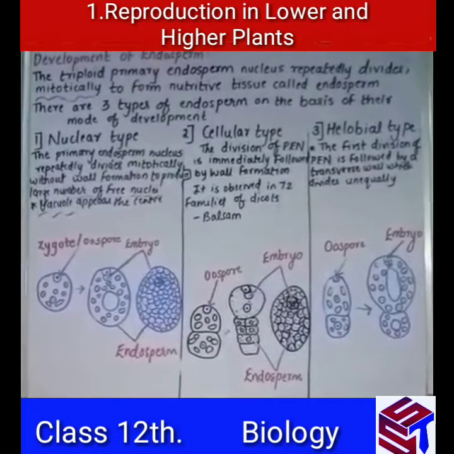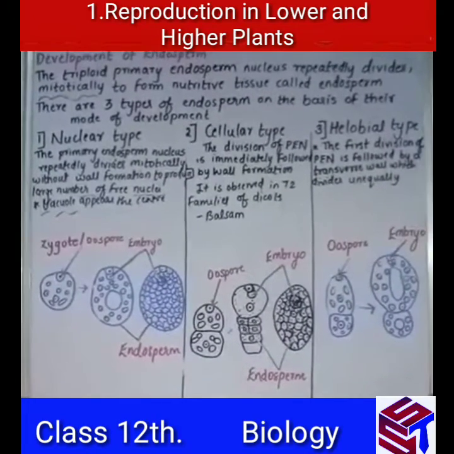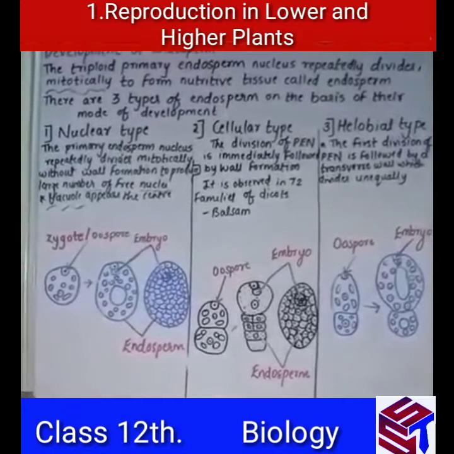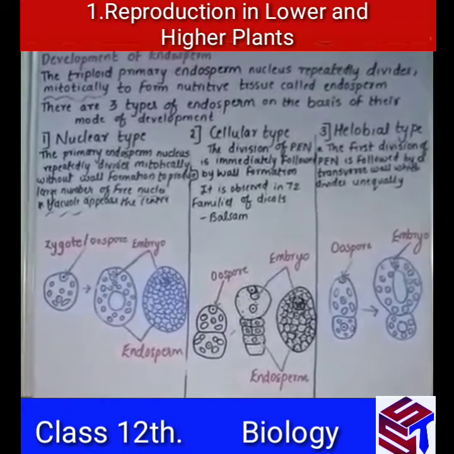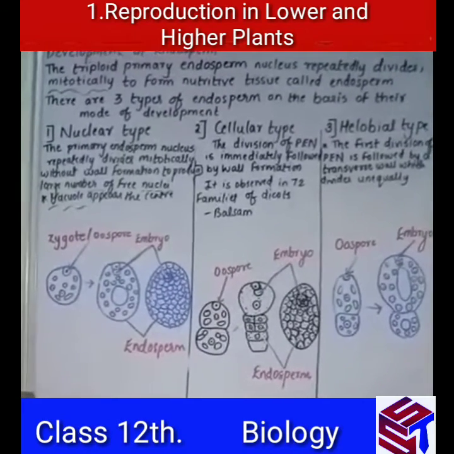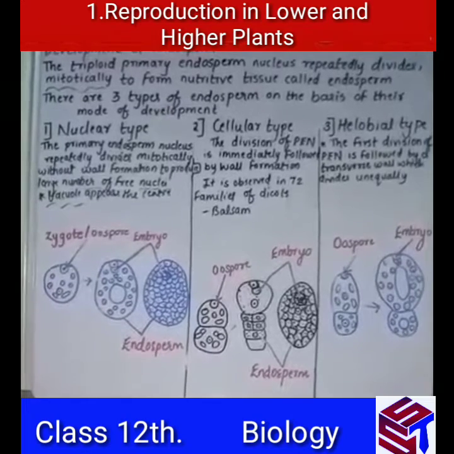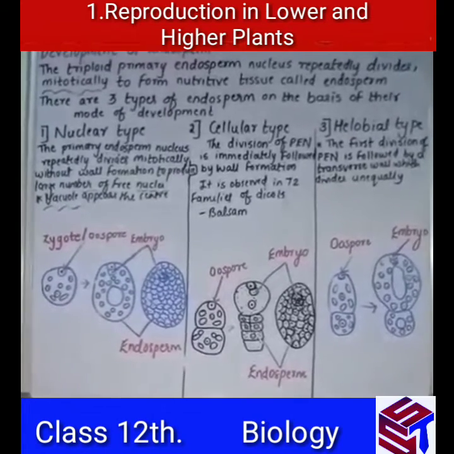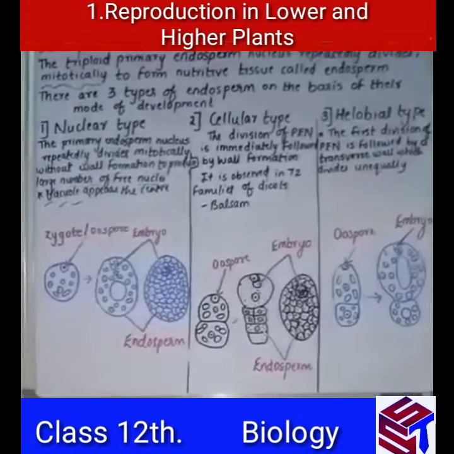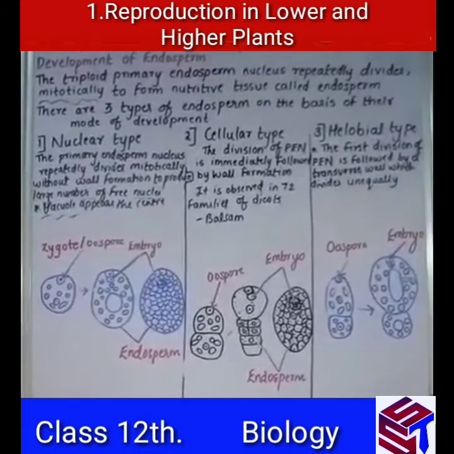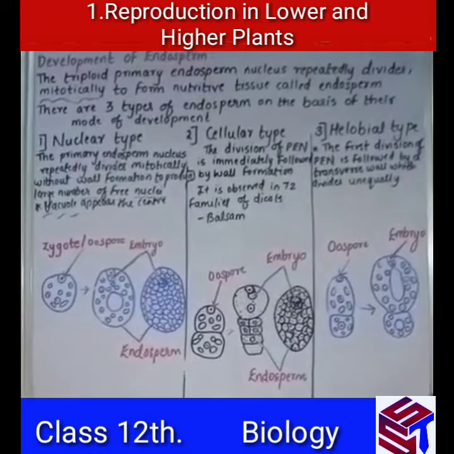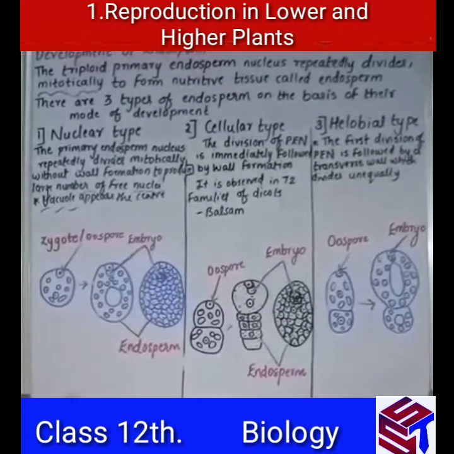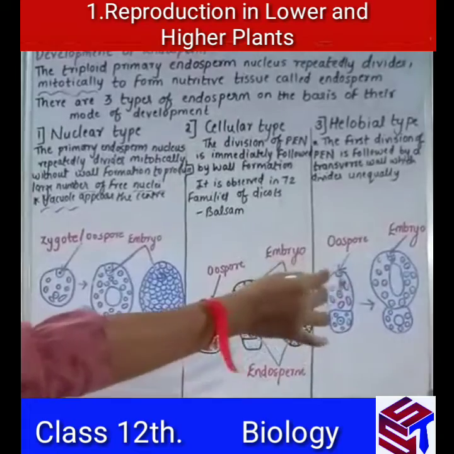The last one we are going to see is the helobial type. In this, the first division of the primary endosperm nucleus is followed by the formation of a transverse wall, which divides the cell very unequally. So two chambers are formed, a smaller one and a larger one.